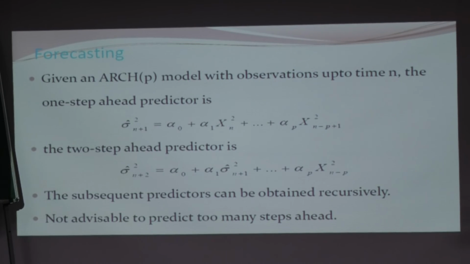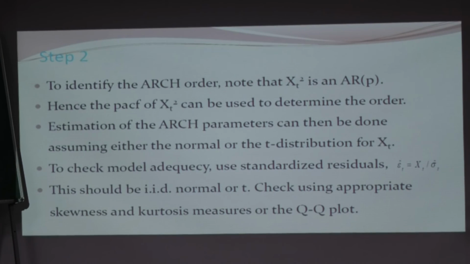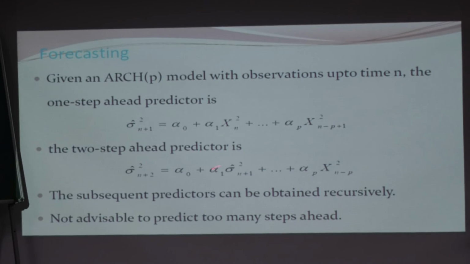And forecasting would be: sigma n plus 1 hat, you have these values here. When you go to the next one, sigma n plus 2, it depends on n plus 1. You don't have n plus 1, so instead of n plus 1, you use this, but from xn you have the past values, so you can go on predicting the value.